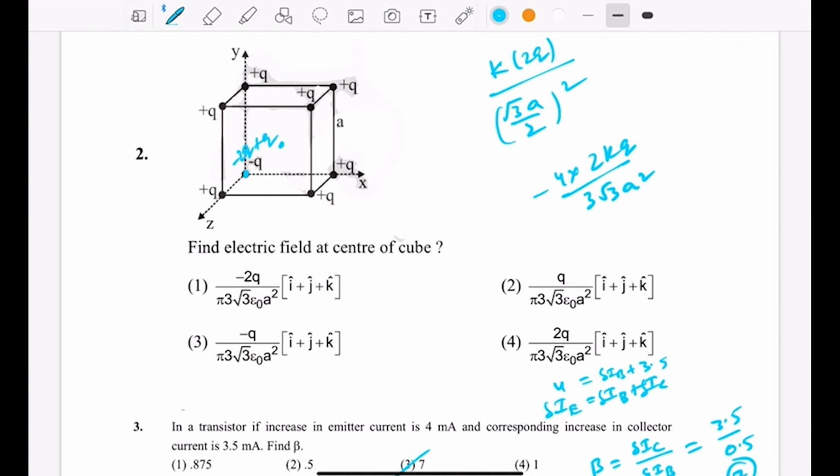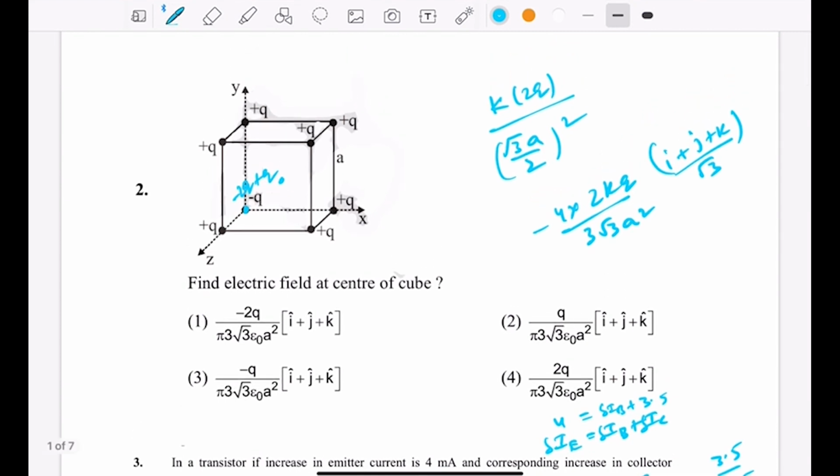It is minus i plus j plus k by root 3. So k I can write as 1 by 4 pi epsilon naught. So root 3 times 3 is 9, it will be 9a square. What happened?